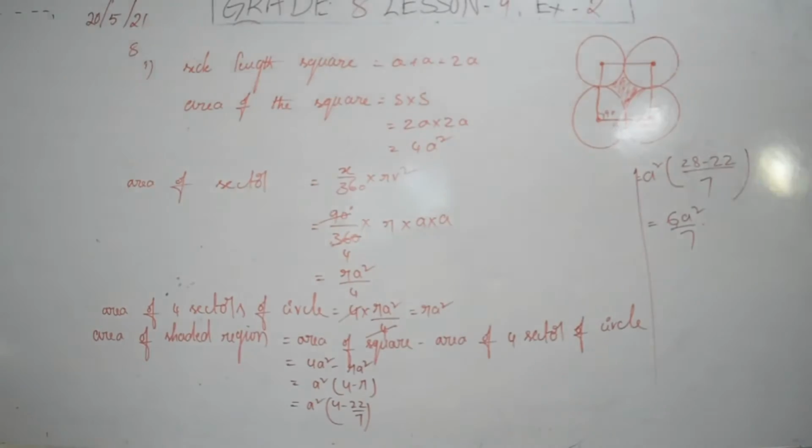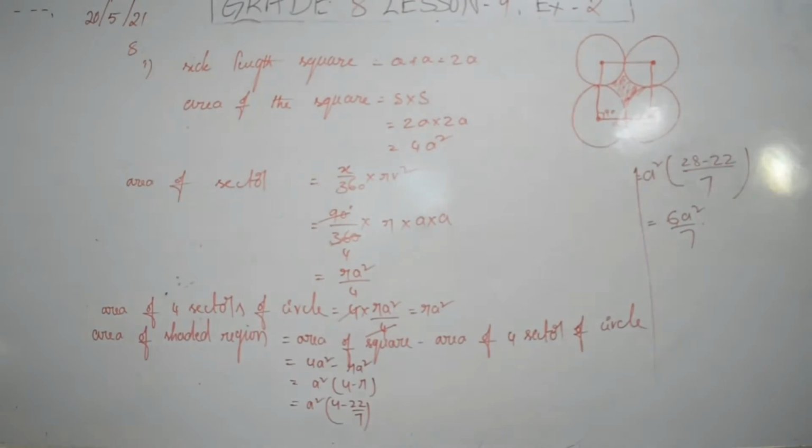Next one. Four equal circles are described about the four corners of a square. Each circle touches two others. Find the area of the space enclosed between the circumferences of the circles. Each side of the square measures 24 centimeters.